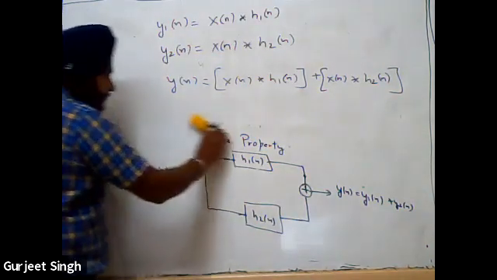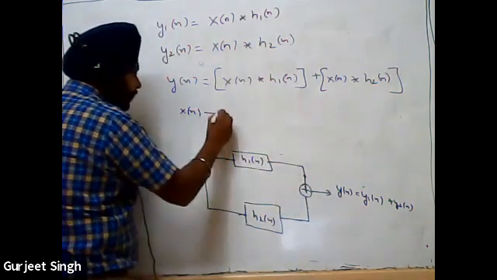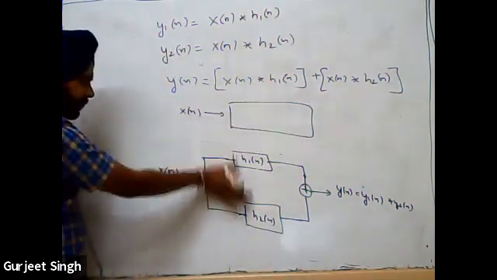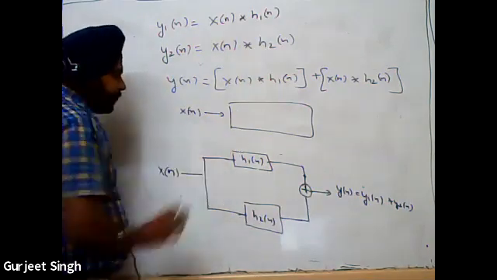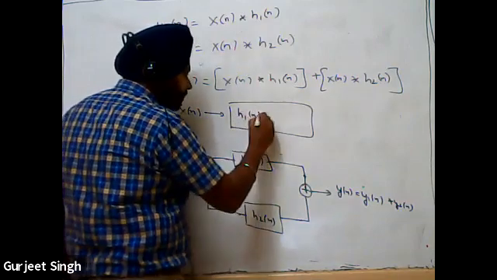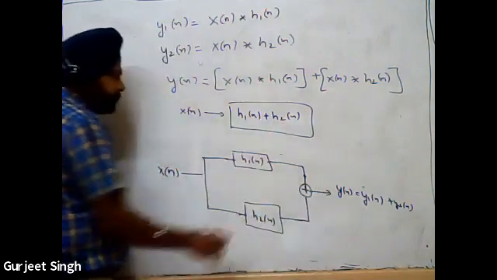So which is the single system here? We give the xn input to the single system. Here we had a parallel system. Now this single input is given to the single system, and this single system has the impulse response that is the sum of the impulse responses of these two systems.